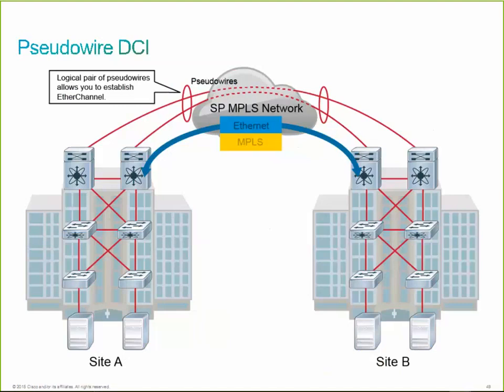In that case, any ingress layer 2 traffic at one location is transported and then delivered to the remote location as it is, right? It doesn't matter if it's a control packet. It doesn't matter if it's a regular data packet, because this is literally a virtual physical wire, all right?